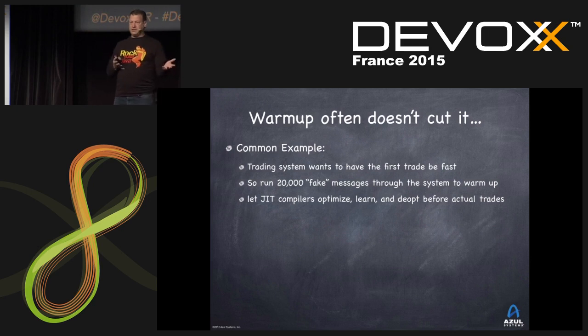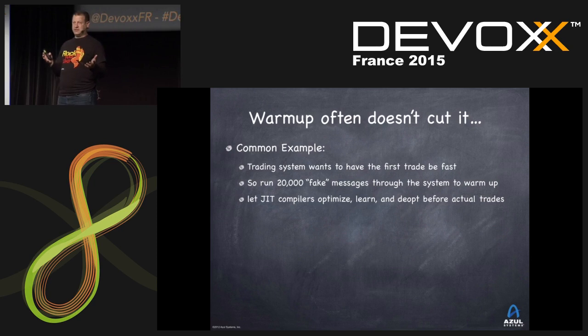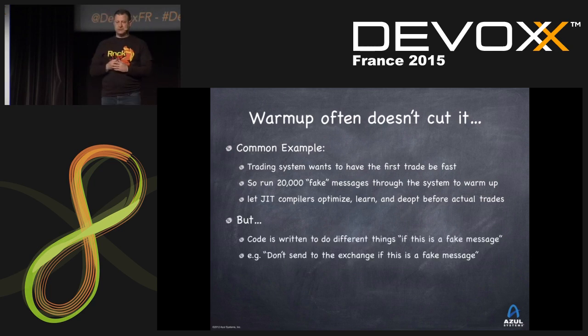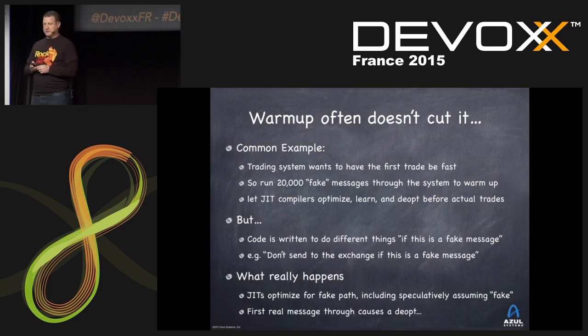So we give it fake trades, right? But they're fake trades. And because they're fake trades, we don't really want them to go to the open market, right? So we do something that says it's fake, don't send it. What really happens? Well, we basically take that really, really nice code and optimize it for 20,000 occurrences of not sending to the market.